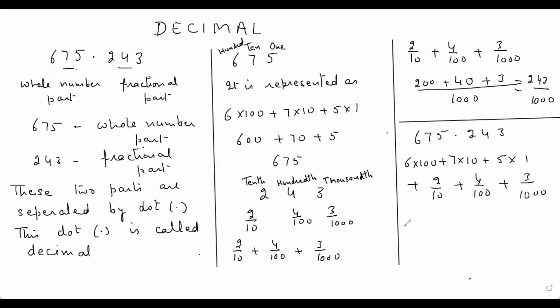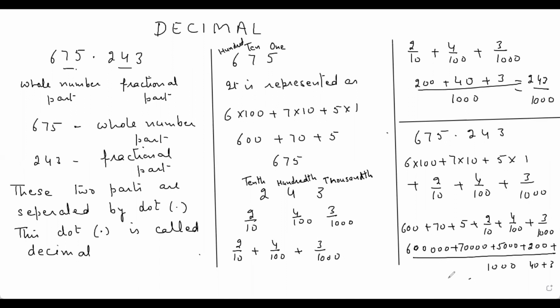So this is equal to 600 plus 70 plus 5 plus 2 by 10 plus 4 by 100 plus 3 by 1000. If I take the LCM, it will come out to be 675243 upon 1000.